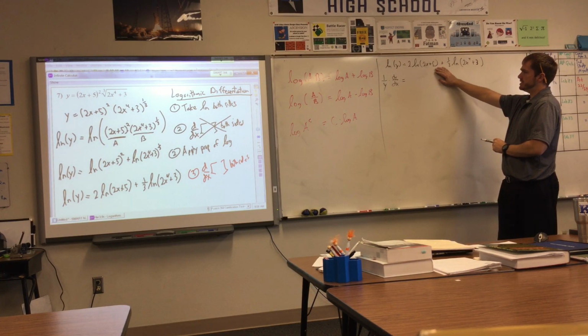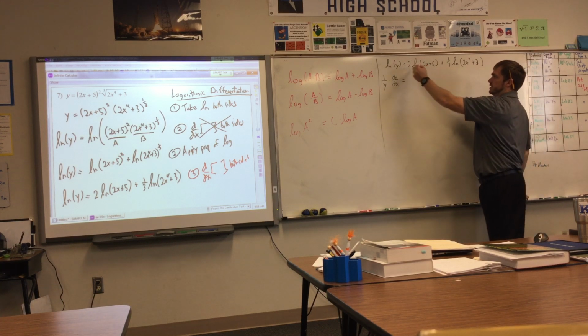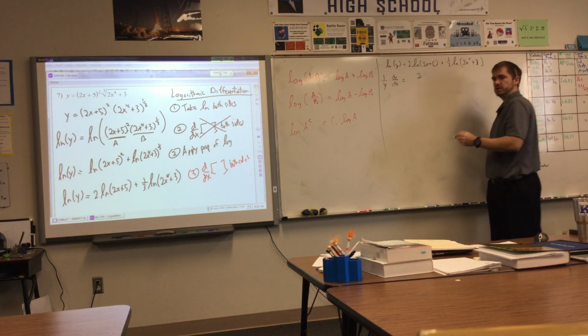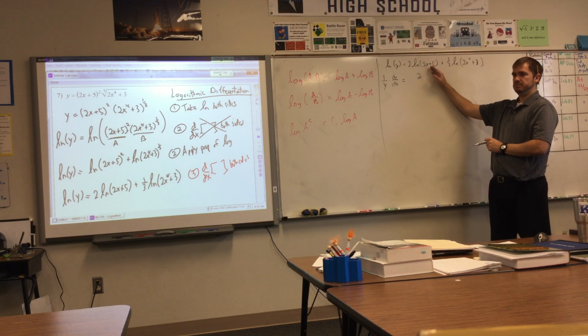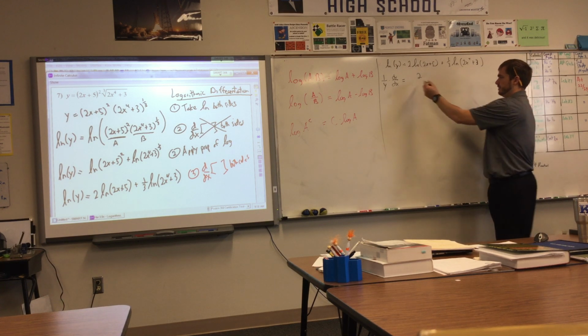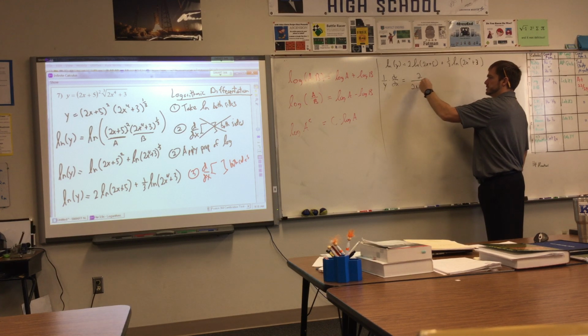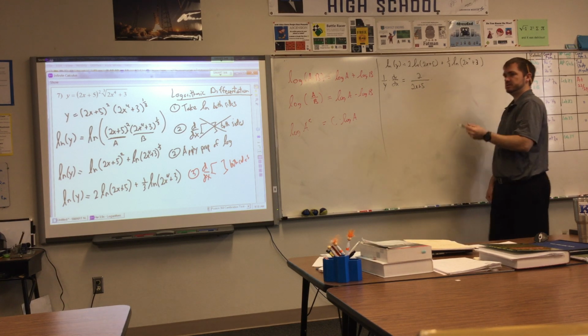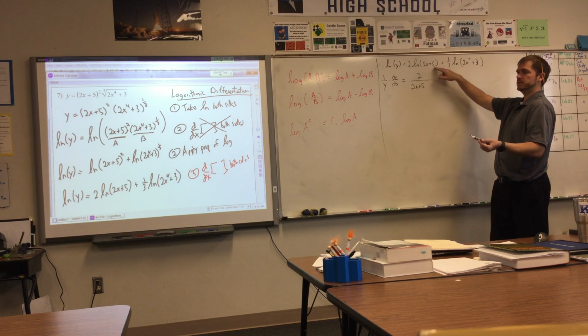Alright, over here, right hand side, the derivative of 2 ln(2x plus 5) is going to be 2. That's that constant multiplier. What's the derivative of the natural log of anything? One over anything, so 1 over 2x plus 5 times the derivative of the anything. So derivative of 2x plus 5, 2.